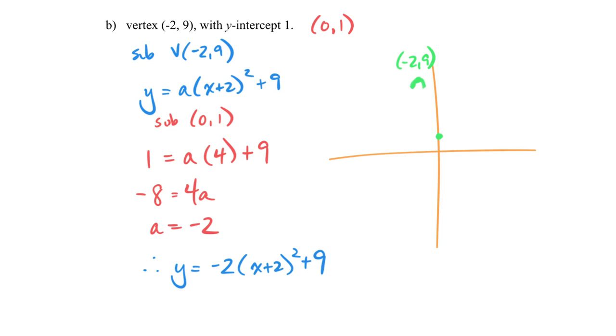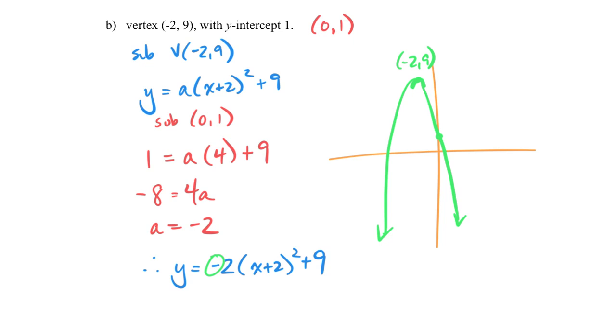So the only way that I can go from my vertex to my y-intercept is to open down. You will notice I get a little confirmation. Yep, I should have got a negative A value. I'm hoping that you were quite comfortable to deal with that.